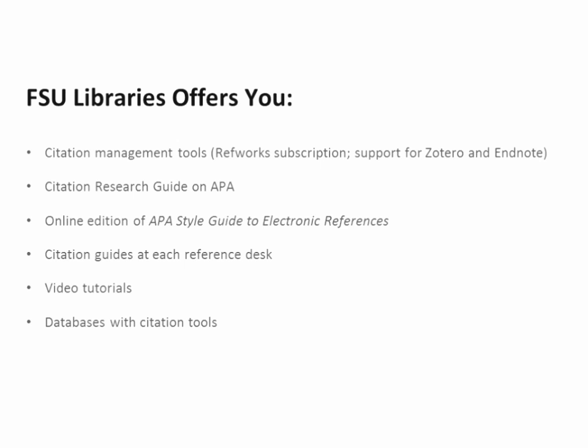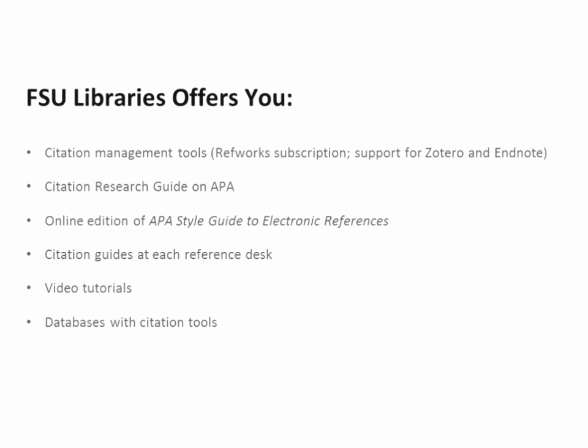We also have a citation research guide on APA, and I'll show you how to get there from the FSU Libraries homepage. We offer an online edition of the APA Style Guide to Electronic References. I think that electronic sources are probably the most problematic, so having that ebook always available is going to be really useful. We have physical citation guides at each of our reference desks in Stroger and Dirac at the other libraries.